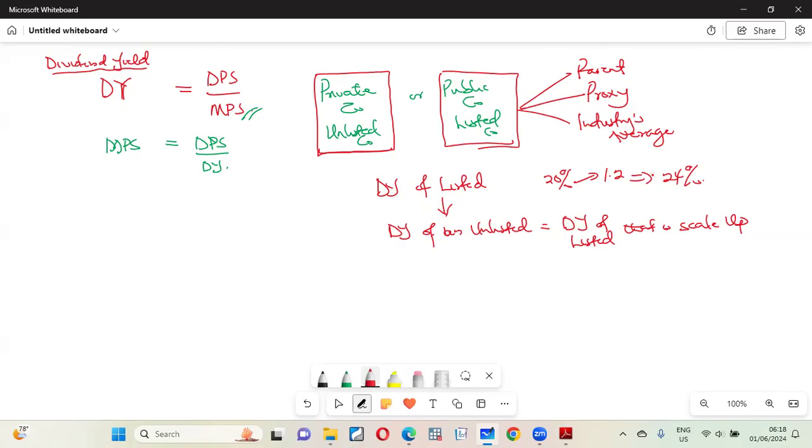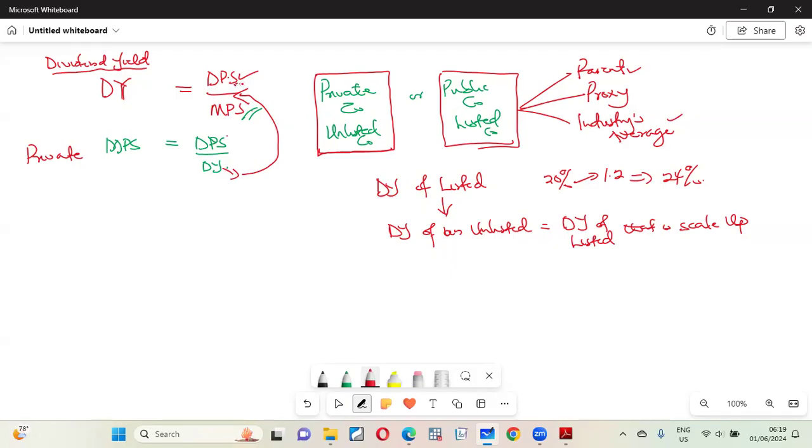So once you find the DY, assuming this company we are valuing is unlisted, this DY will come from a listed company that has been scaled up. Then you come and apply the DPS of that private company. So please don't repeat the DPS here. The DPS you used here was from a proxy company or the parent company or the industry's average.